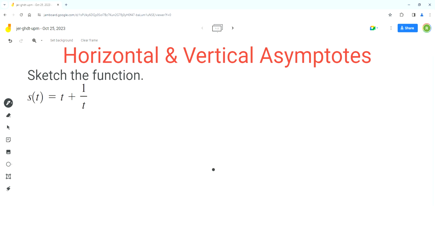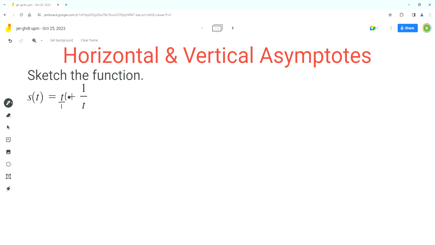So in this video, we'll sketch this function which is given as s at t equals t plus 1 over t. Now the first step is to combine the two terms in this function. So we know that the denominator of t is 1. So the common denominator will be t.